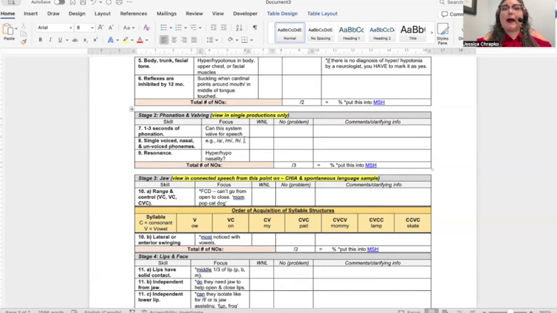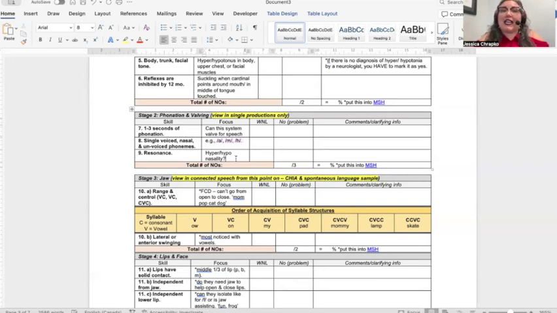For example, the P sound has no voice. So if you put your finger here, you will not feel buzzing when you say p, p. Now to get a B sound, you turn on your voice, so you should feel the buzzing. B, b, b. So that's an example of, can this client control voicing for voiced and voiceless sounds?